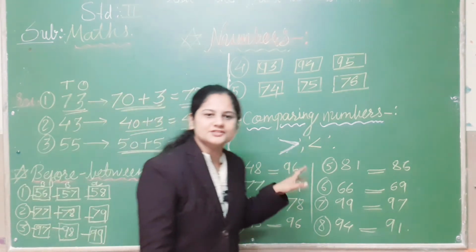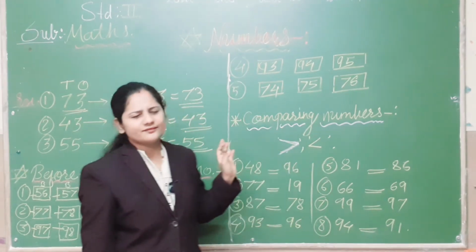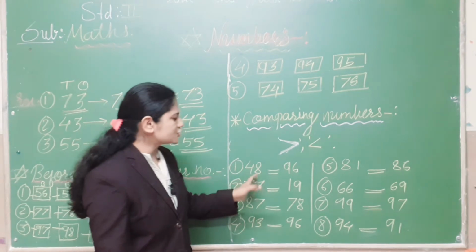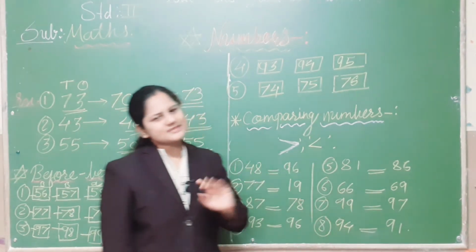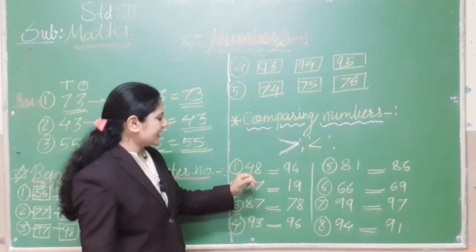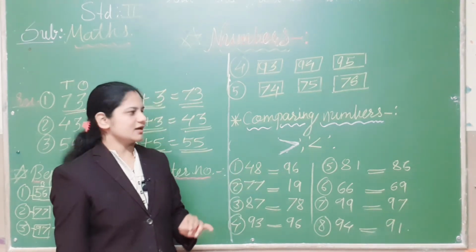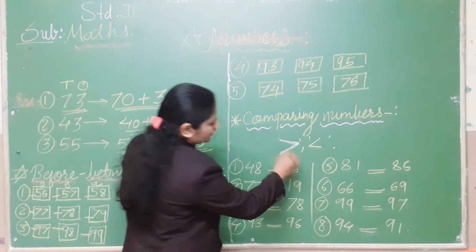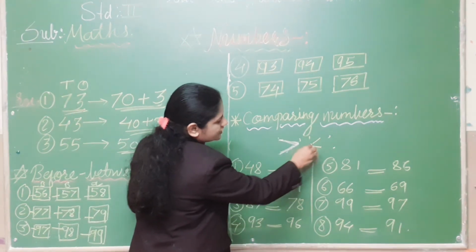48 and 96. Now think, in between these two numbers, which number is the smaller number? Yes students, 48 is the smaller number. Then which sign will you use? The closed arrow.